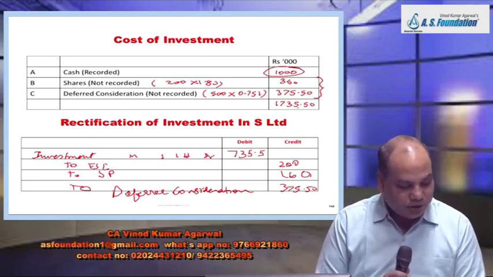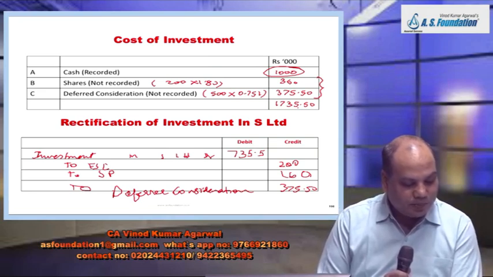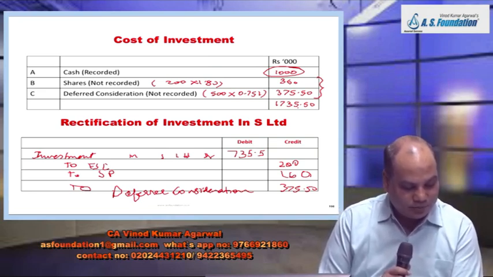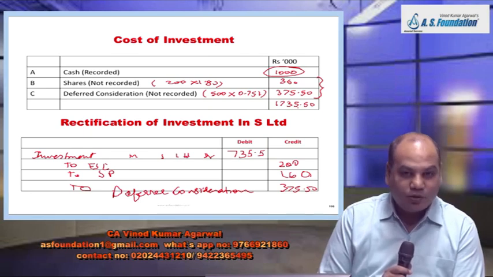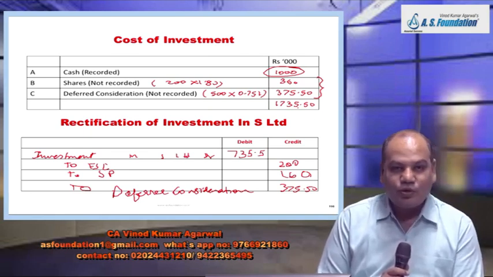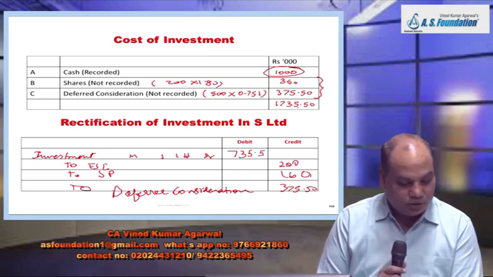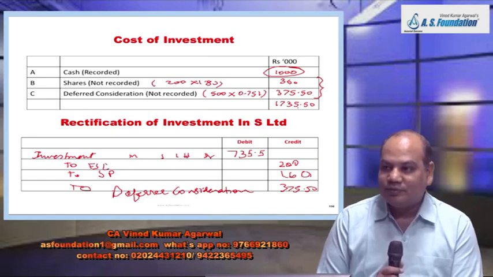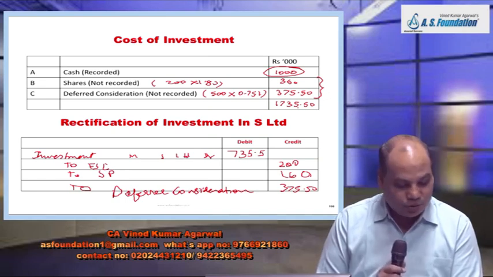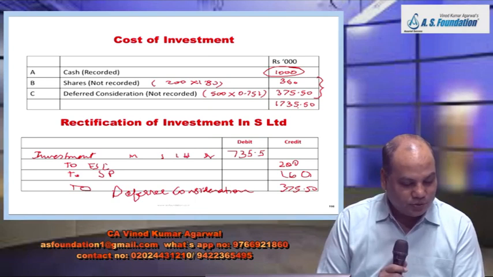Next line. The consolidated goodwill has been impaired by rupees 280,000. P Limited Group values the NCI using the fair value method. So this time we will apportion impairment of goodwill to NCI also.